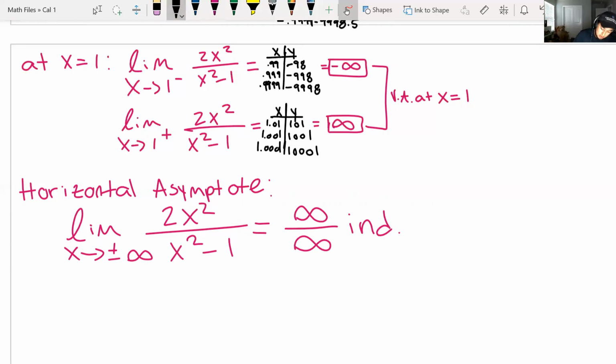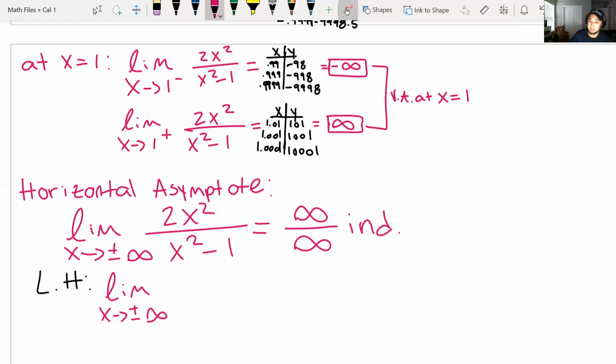So if I use L'Hopital's, I get the limit as x approaches positive or negative infinity. I write positive or negative infinity because it doesn't matter which way I approach, I'm going to get the same asymptote.